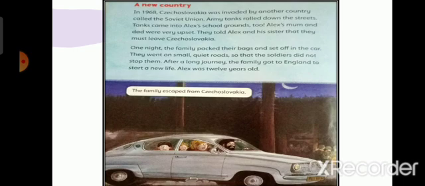It is called invade. Army tanks roll down the streets. It is a phrase. It means army tanks of the Soviet Union were moving freely in the streets of Czechoslovakia.